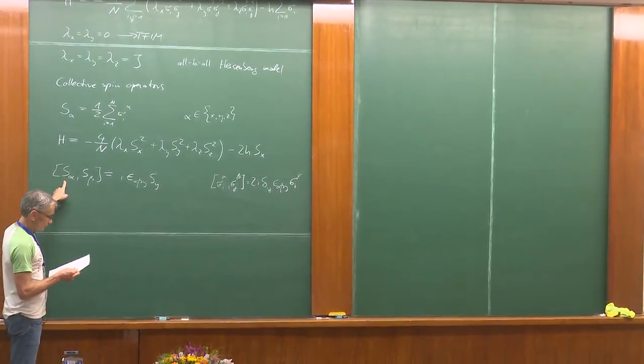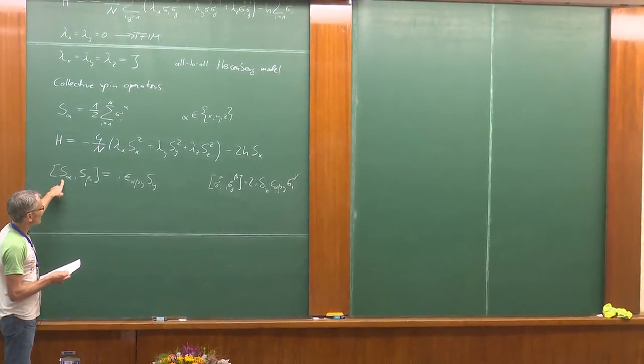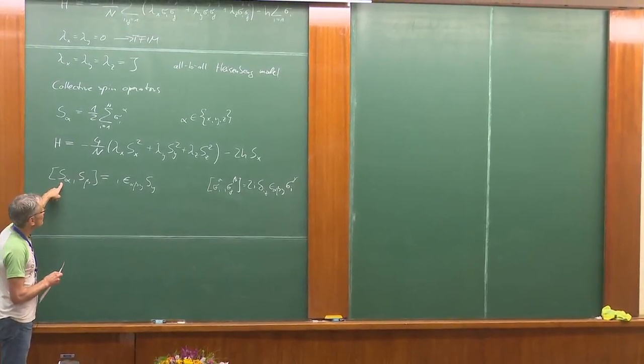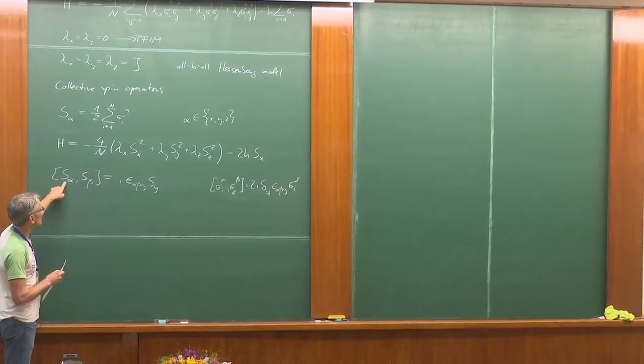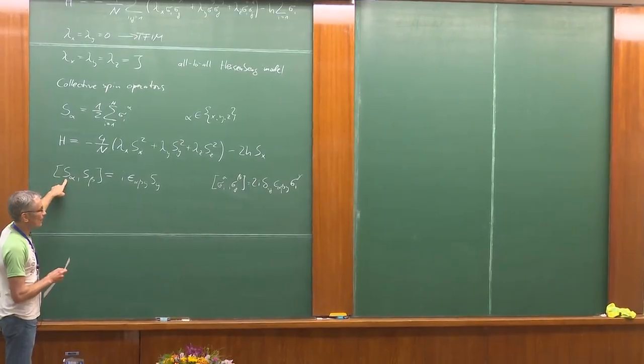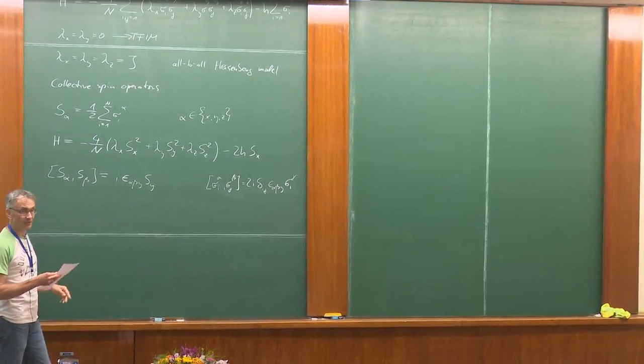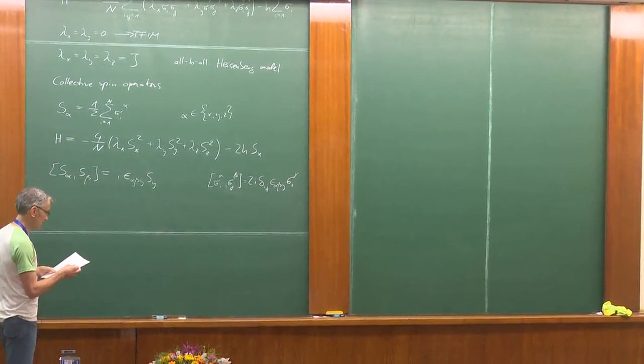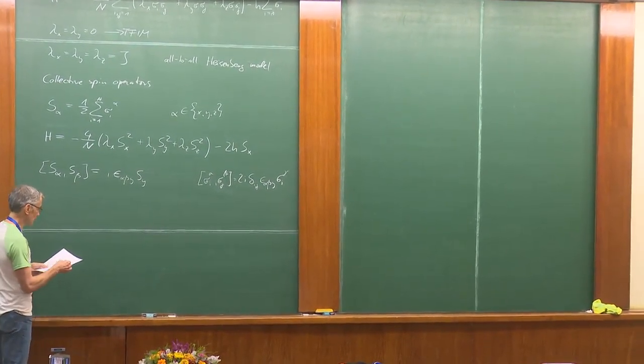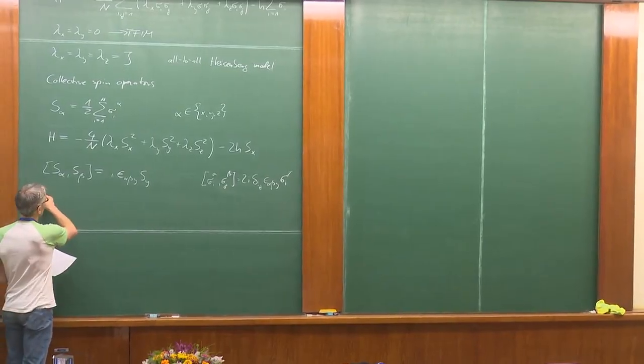So now these here are angular momentum operators, and the spin value of these will be n half, because we have n spin 1/2 that we are combining here. Well, this will be the maximum angular momentum.